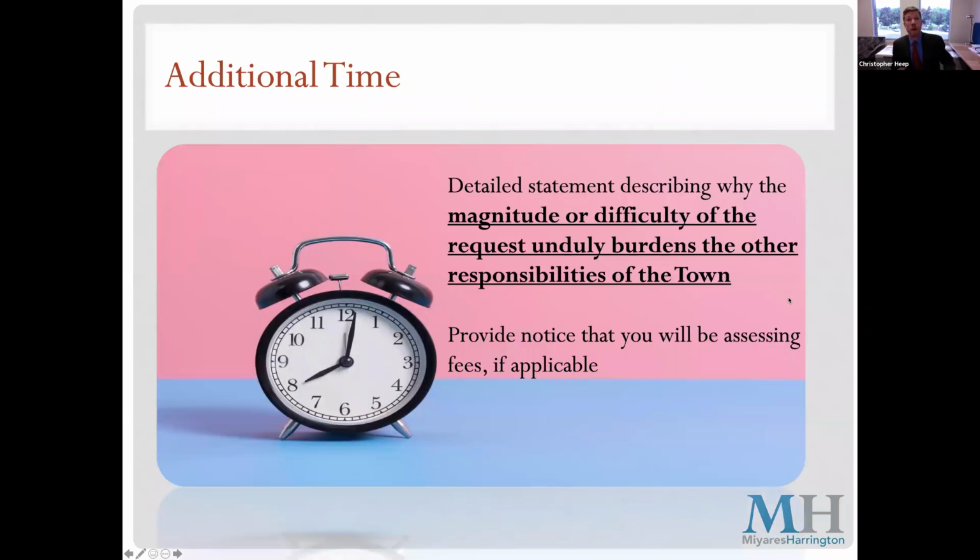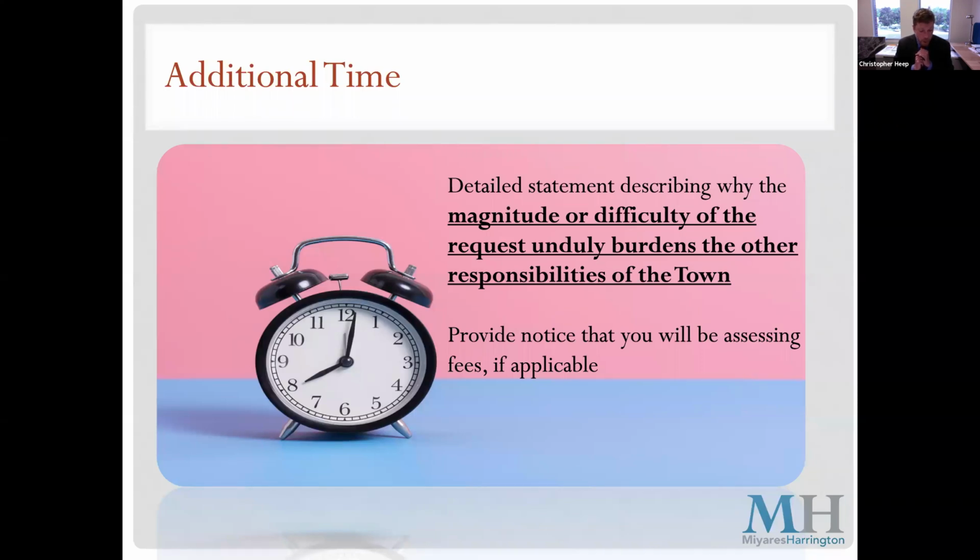Another type of response that we can send if needed is if the town needs additional time in order to provide a response. As noted, the baseline response time is 10 business days from receipt of the request. But the town is permitted to claim additional time.